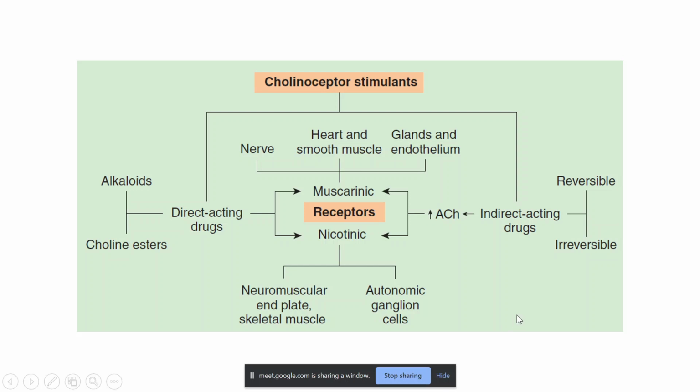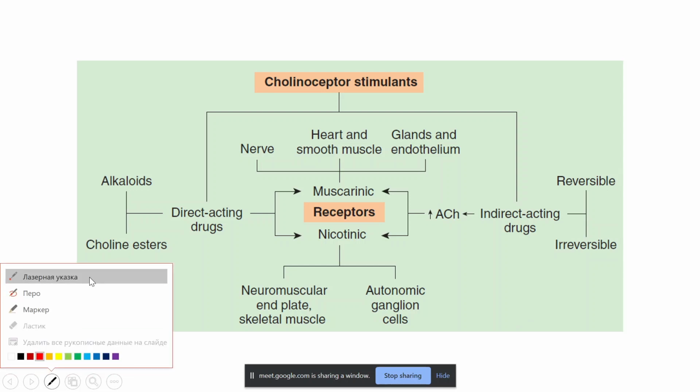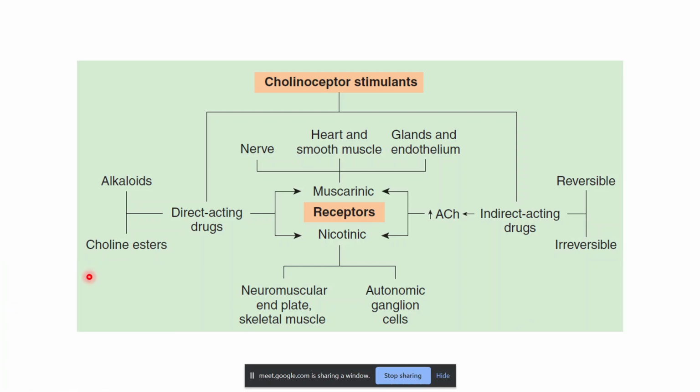And the parasympathetic nervous system is activated by the muscarine, by activating the muscarinic receptors.